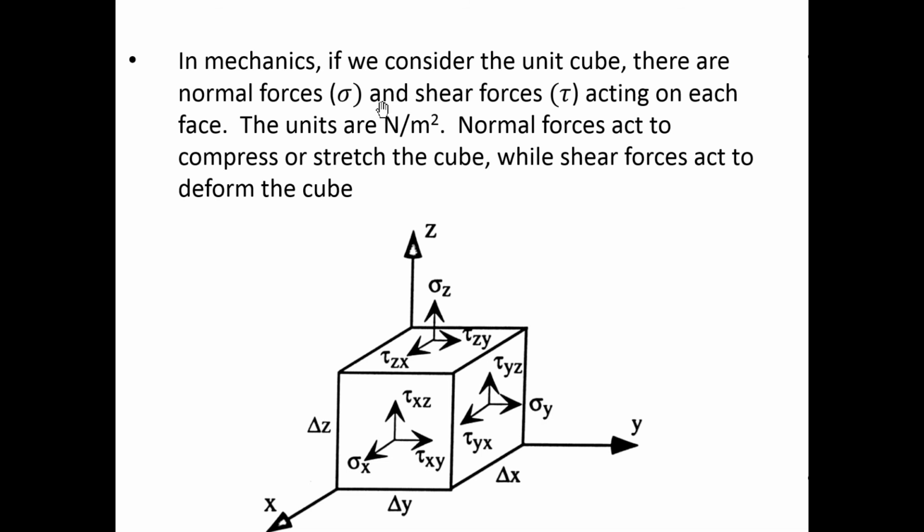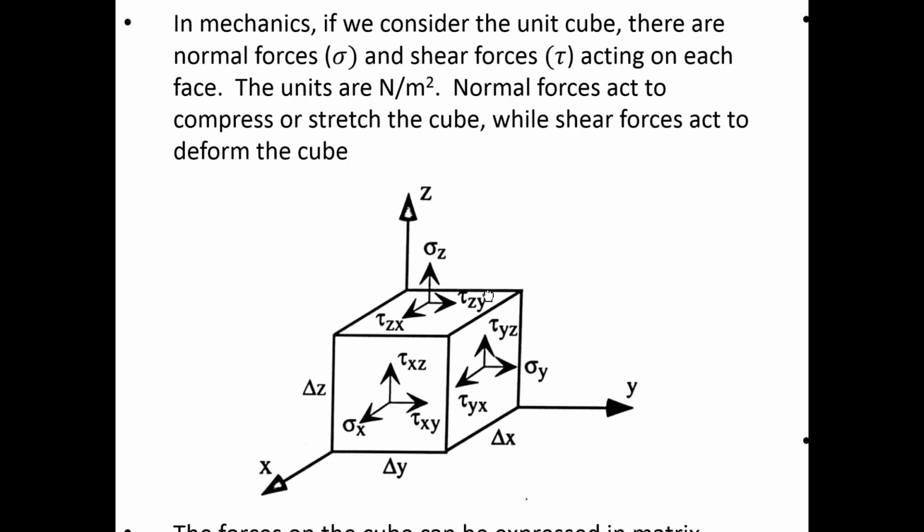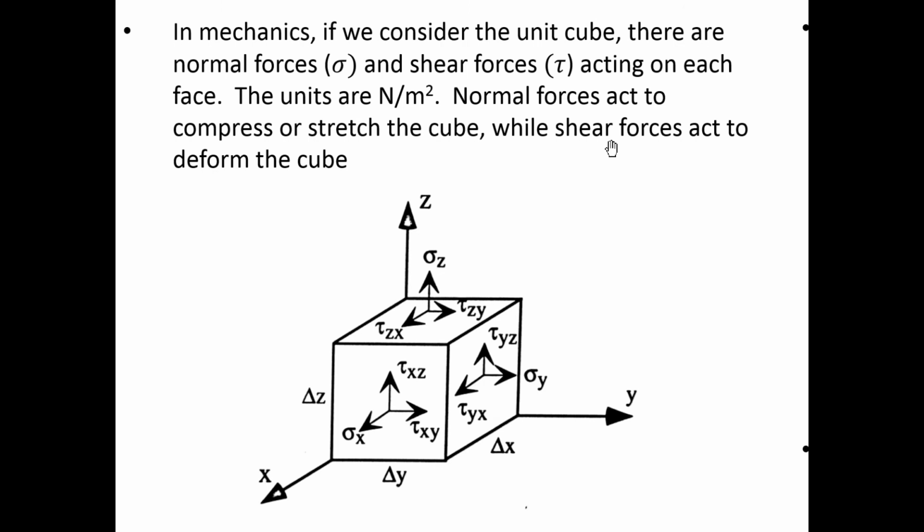There are also shear forces acting on the element. Shear forces act to deform the cube. So the shear forces here would be tau zx, tau zy, tau xz, tau xy, and so on. Now, a shear force is a force that is tangential to the surface.